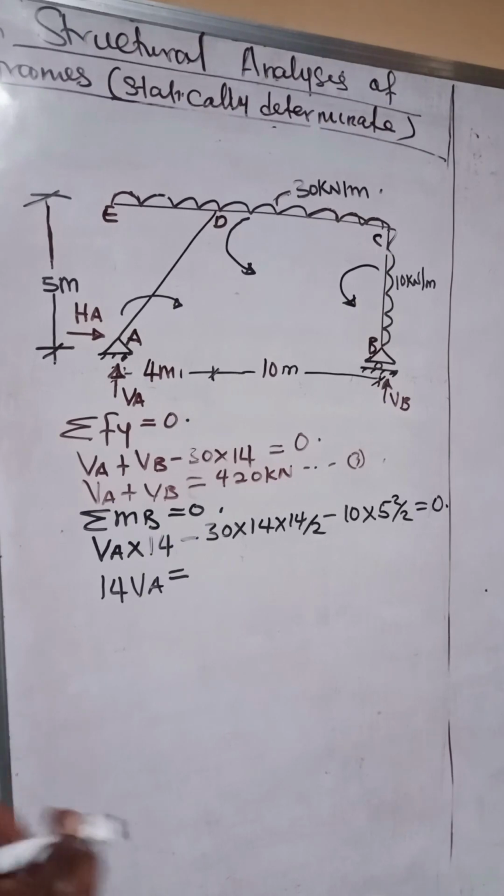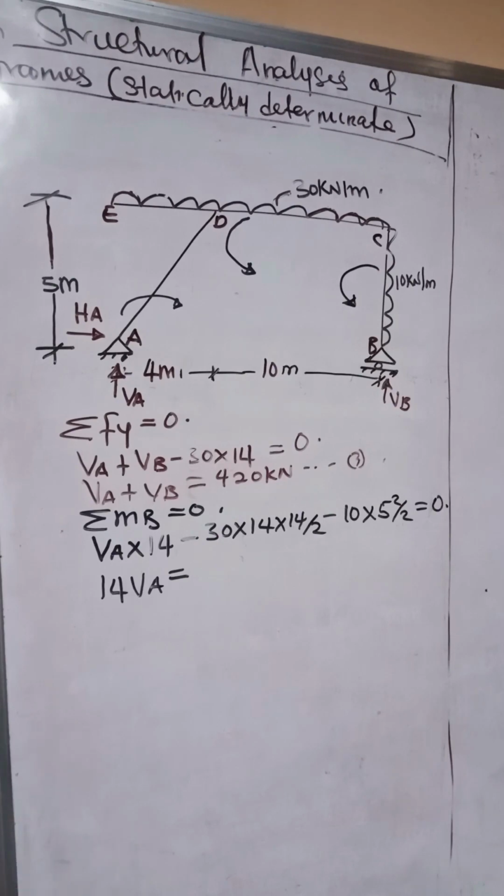So this is 2,000 plus 10 times 10, so 10 times 5 times 5 times 0.5.